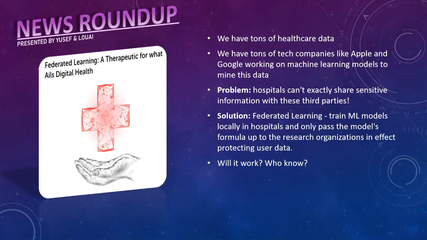This needs to stop. Then you pass on all of those formulas up to Google or Apple or whatever, they put all those models together, and they have that supermodel, which is of course Yusuf.